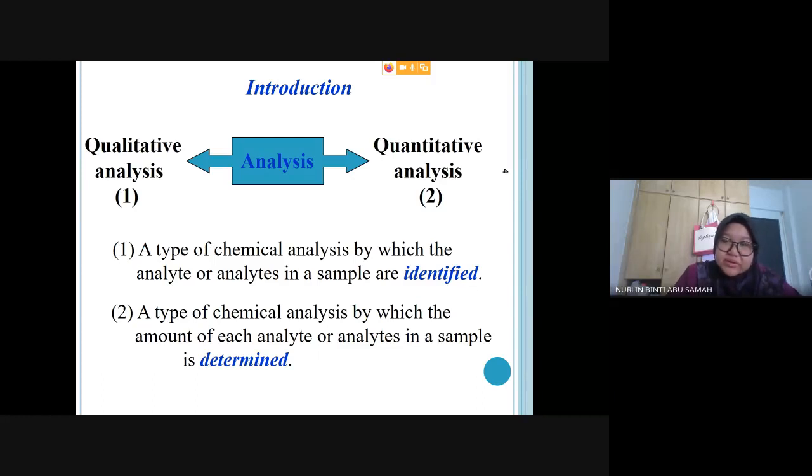So basically, we want to identify what is the analyte. When we have these two different kinds of analysis, siapa yang tahu qualitative analysis tu contoh macam mana? Any answer?